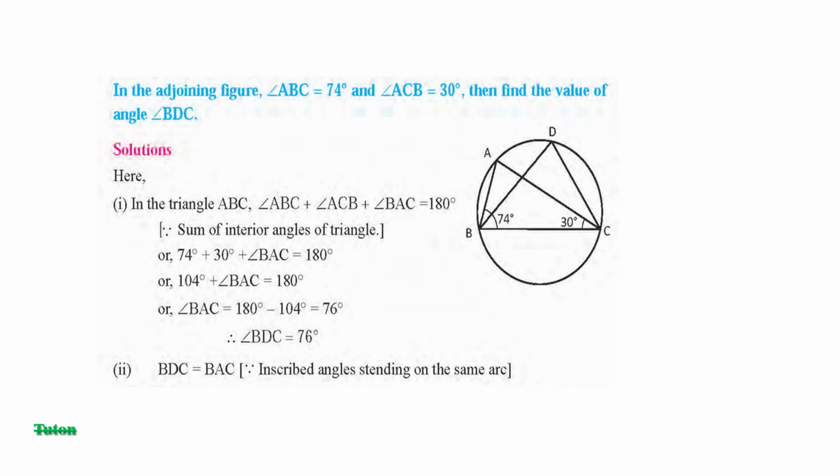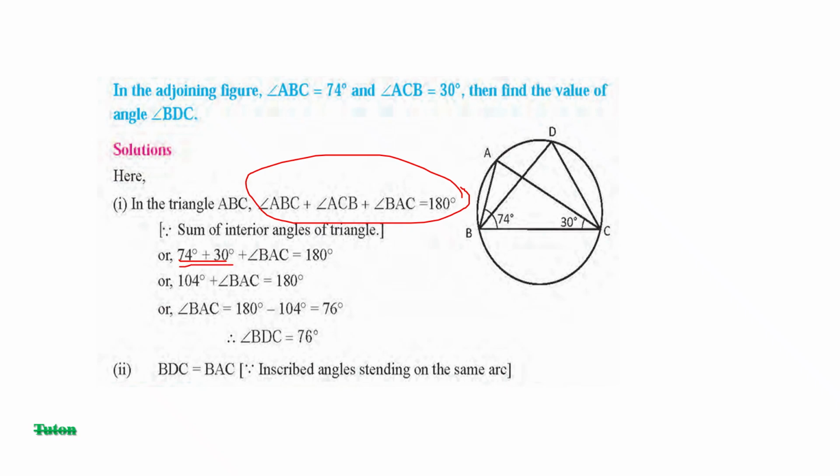As we all know, the sum of the angles of any triangle is equal to 180 degrees. Here angle ABC plus angle BCA plus angle BAC is equal to 180 degrees. We have the value of angle ABC as 74 degrees and angle ACB as 30 degrees, as we can see in our next step.